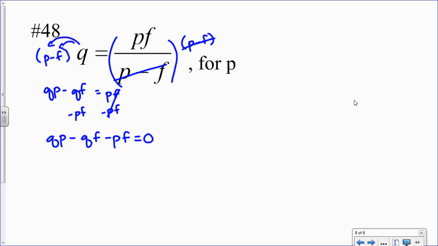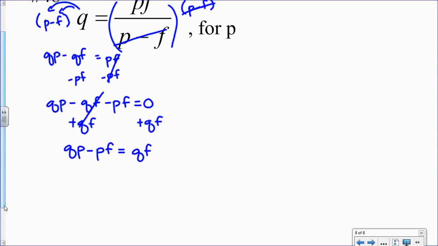So I know that I have two p's here on the left, so I'm going to want to factor out a p, but I need to move that qf first, because I can't factor out a p from the qf. So I'm going to move that qf over. And now that I have the p's on the same side, I have more than one, I can factor out a p.